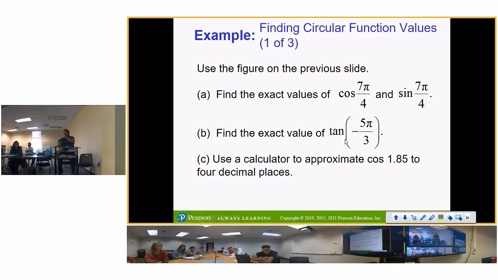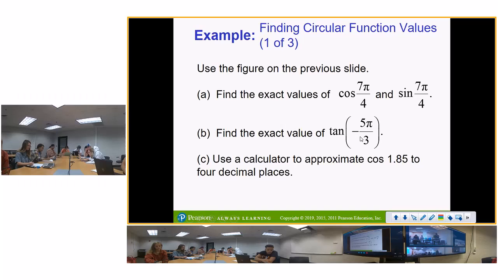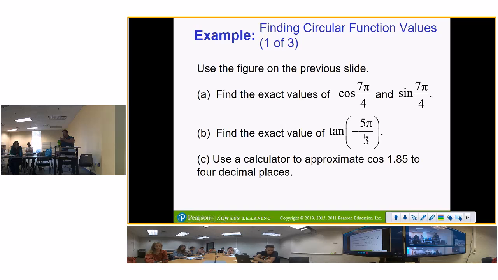It's negative. That's the fourth quadrant. I'm sorry. Fourth quadrant, right? Should be negative. Now that says negative 5 pi, so that means it's going backwards. So that means it's going this way. No, it's going this way, so it's in the second quadrant, or the first quadrant. It's in the first quadrant, so it's going to be positive.